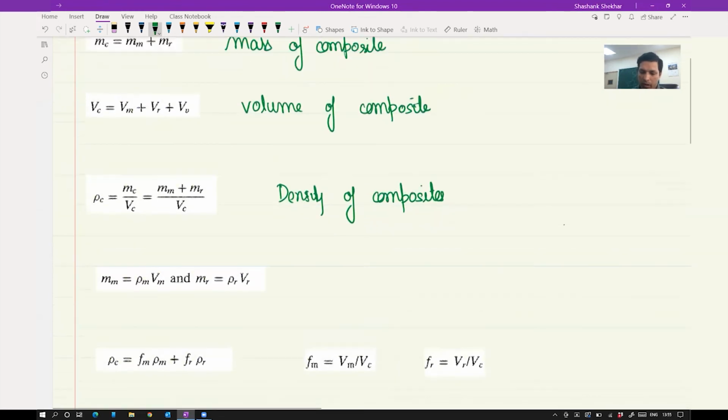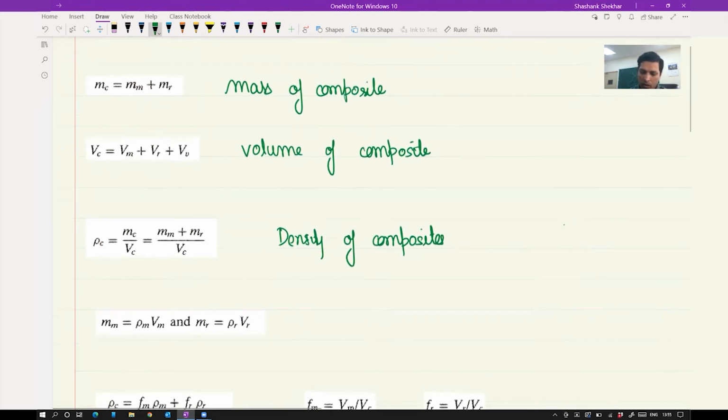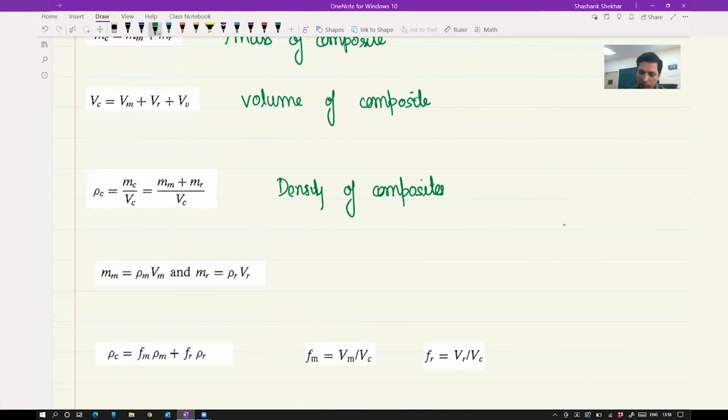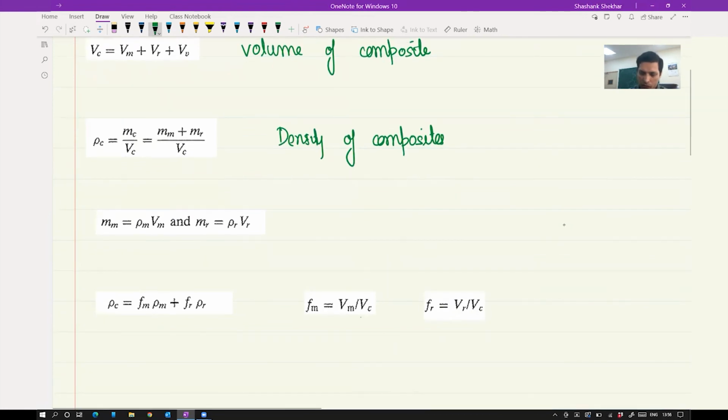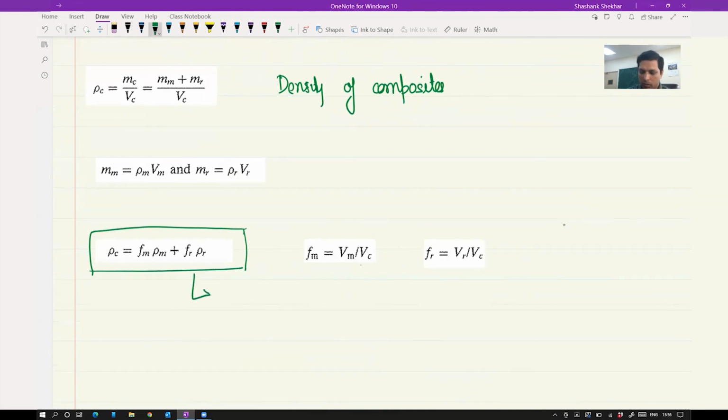And therefore, when you put it in the equation over here, you replace mm by this expression and mr by this expression, and vm by vc is termed as fm, and vr by vc is termed as fr, the fraction of the matrix and the fraction of the reinforcement. Then the overall equation would form like this, and this gives you the rule of mixture for density.